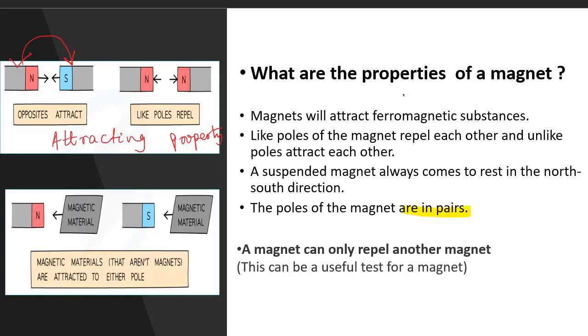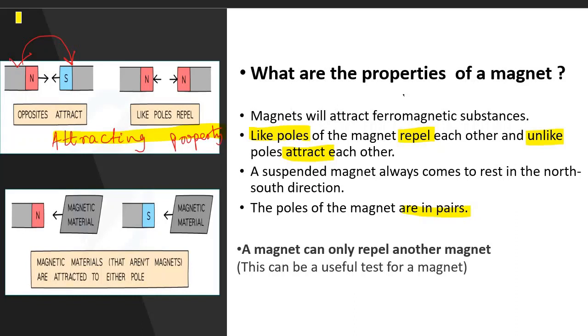This is also called the attractive property. The line I have highlighted here: like poles repel, and unlike poles attract. This would be called the attractive property.